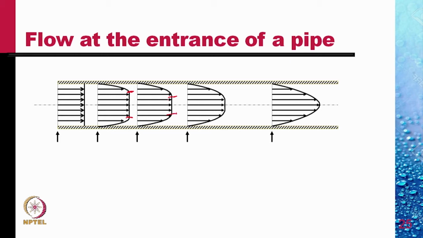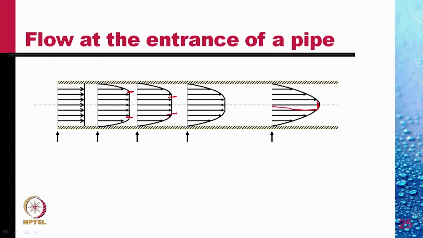This ultimately, in this pipe, we will develop a parabolic velocity profile that you studied in high school. Notice one thing, the velocity at the center, which is maximum, is increasing as you go from left to right. Why? Because same amount of fluid must be flowing across each section.